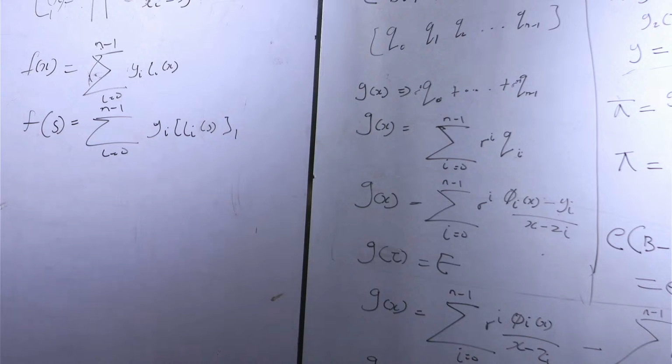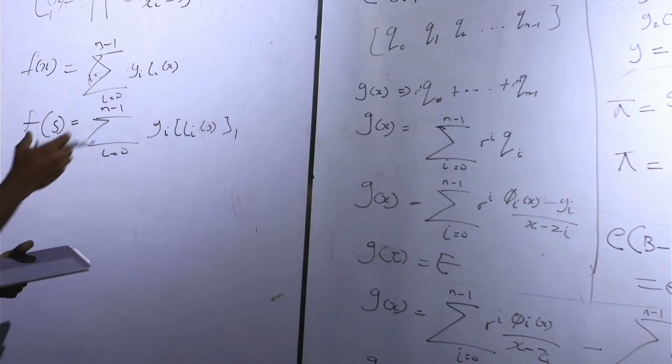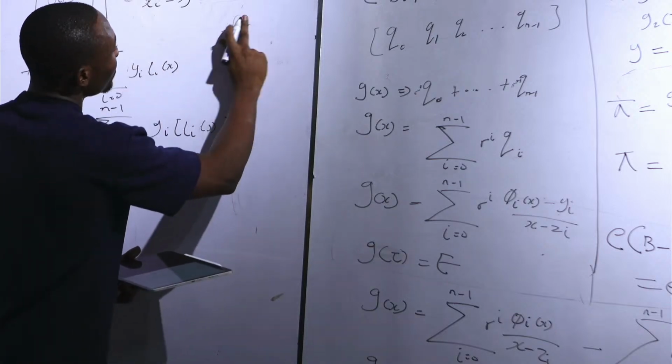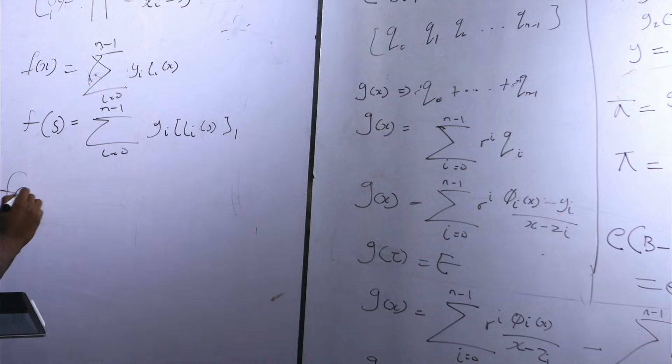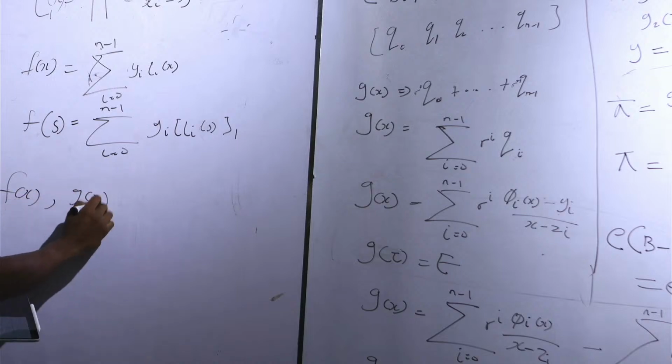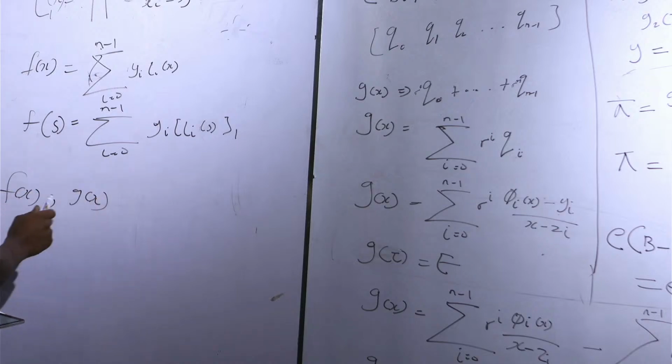Let's say you want to divide two polynomials, f of x and g of x. You can divide them in coefficient form and evaluate the result at a point. But if you have the evaluation form, you can just divide the evaluations.